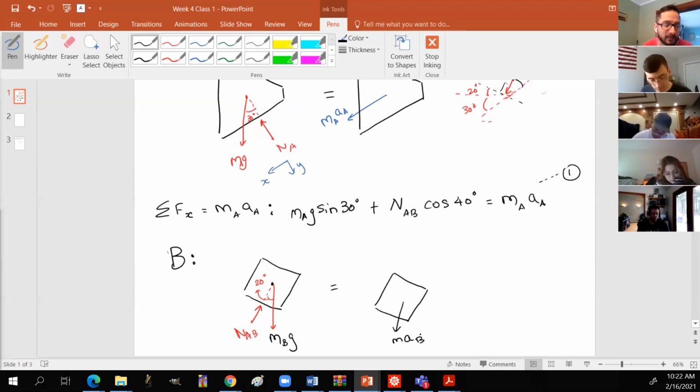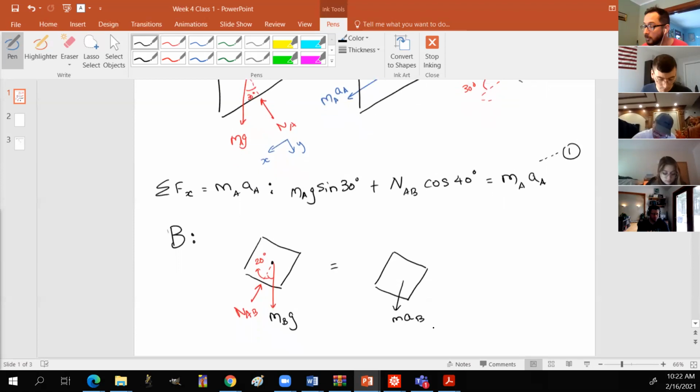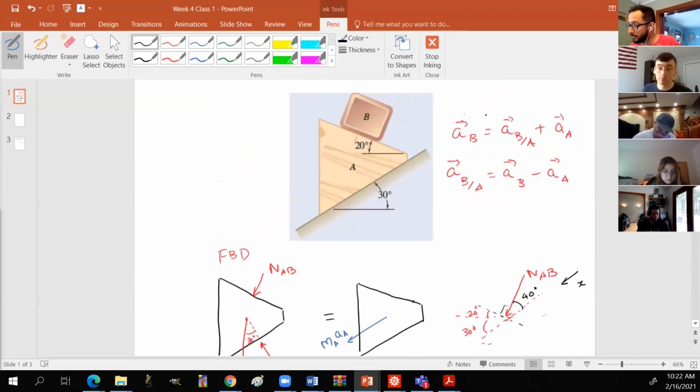We don't know the direction of B, and then you'll get additional unknowns in terms of the angles. But we've done this, right? We know that the acceleration of B is equal to the acceleration of B relative to A plus the acceleration of A. And for both of these, we know the direction, right? B relative to A is going to be sliding along here, and the acceleration of A is sliding down on this incline over here.